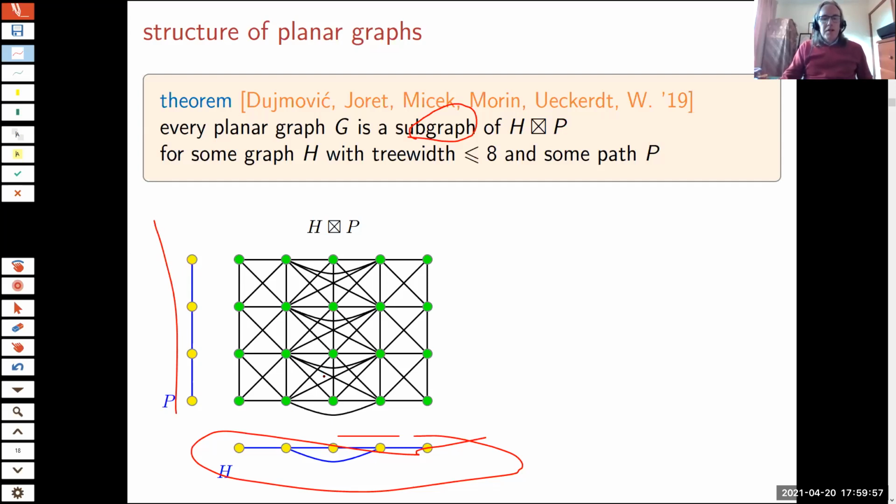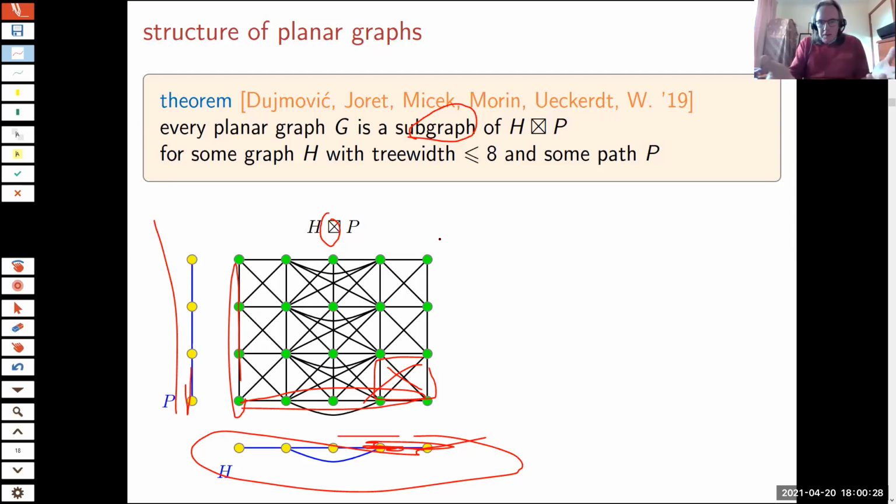The product is shown in the green, and each row is just a copy of H. Each column is a copy of the path. And for every edge of H and every edge of the path, you look at the corresponding 4 vertices in the product and you add the cross edge. That's what you mean by H times P. This notation describes the definition. So throughout the talk, I'll be talking about these strong products.